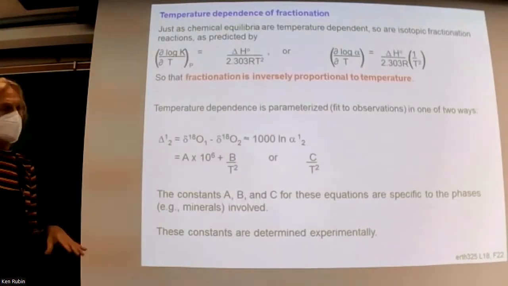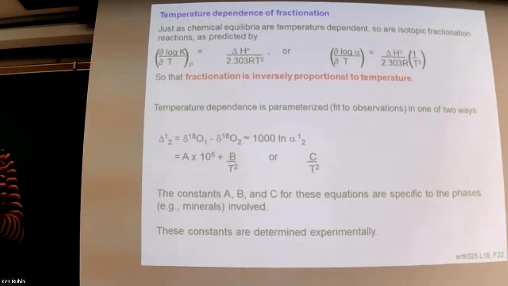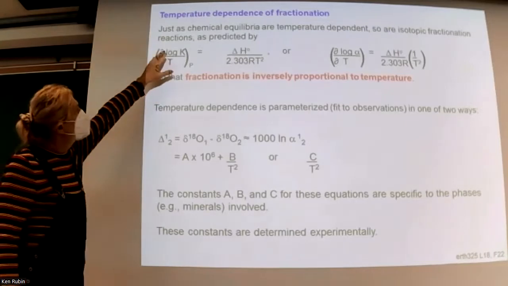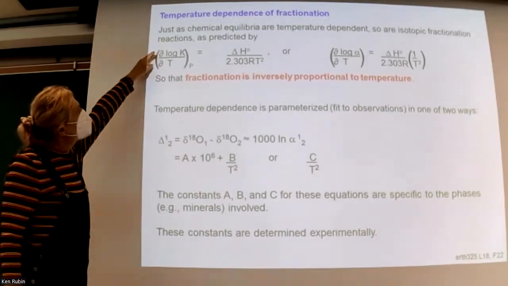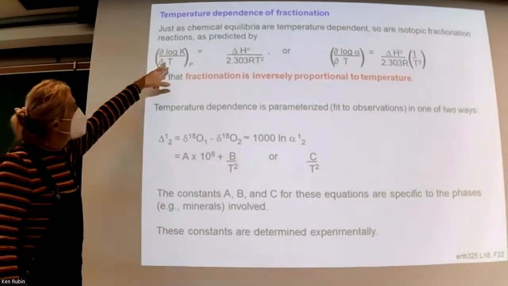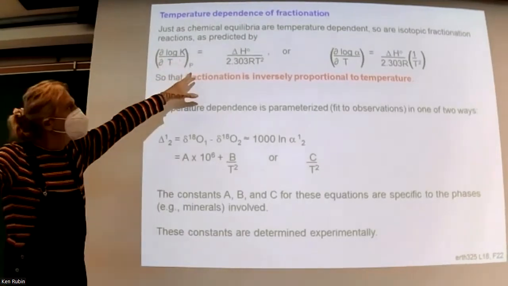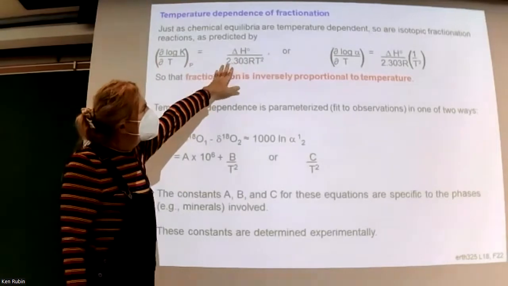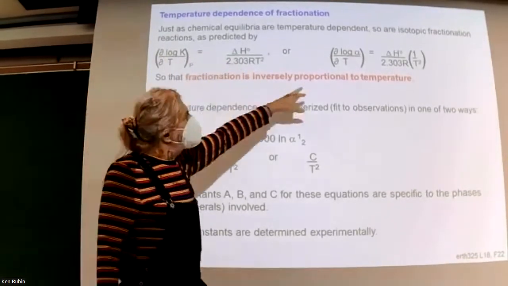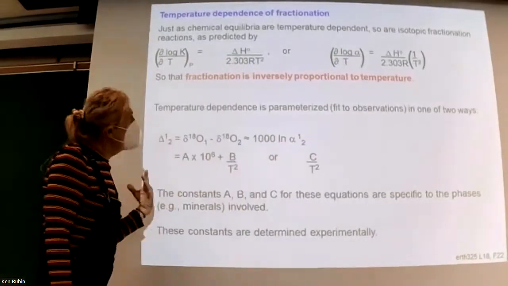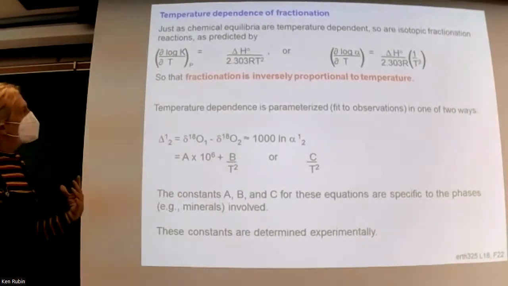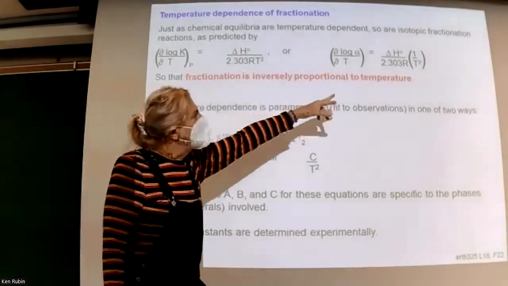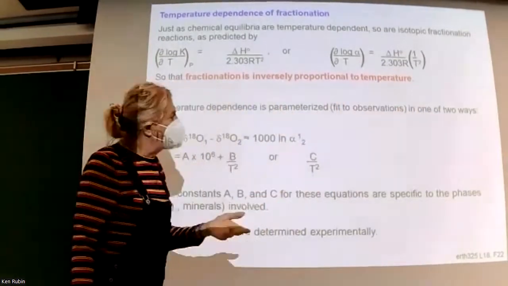So the last thing I want to talk about is the temperature dependence of isotopic fractionation. This is the relationship of the partial differential of the equilibrium constant with respect to temperature at constant pressure, and how it's expressed in enthalpy units. I've rewritten it with alpha units and so forth. But what you see here is that it is essentially proportional to 1 over temperature squared.